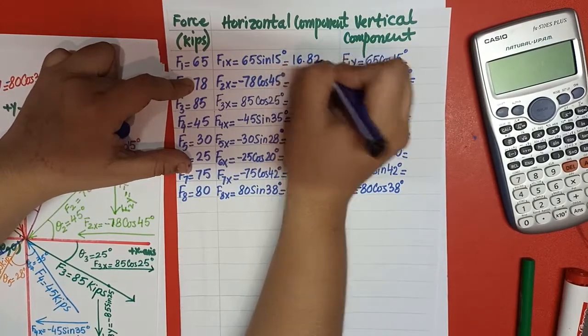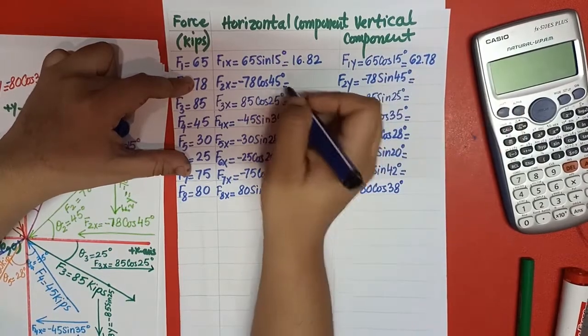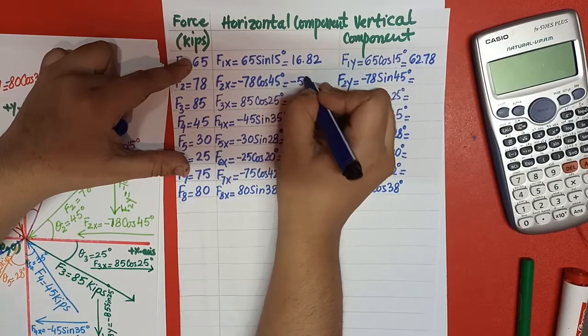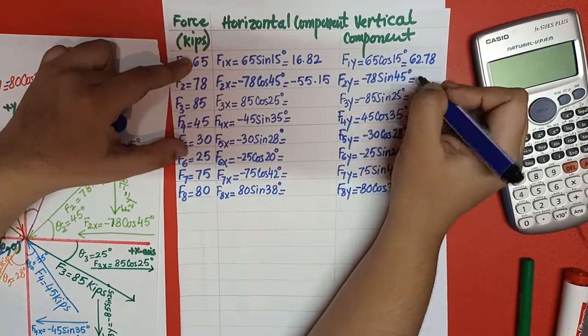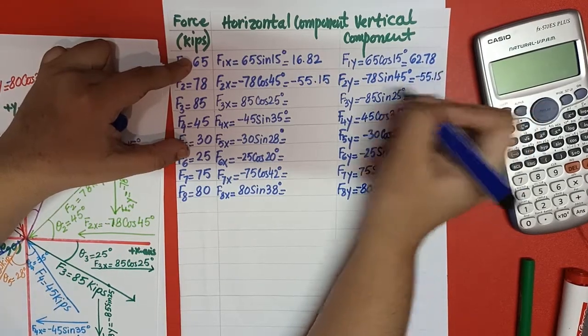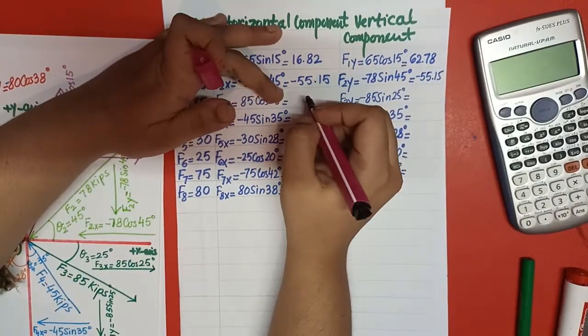16.82, 62.78. You have to calculate it from the calculator. 55, because the video is getting longer, so I am just writing the answers because I have calculated them earlier as well. I should use another marker so that it makes a difference to what I am writing.